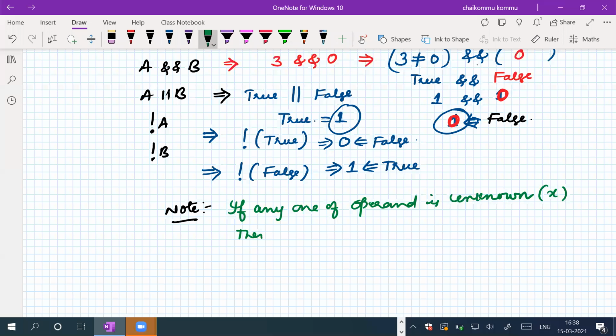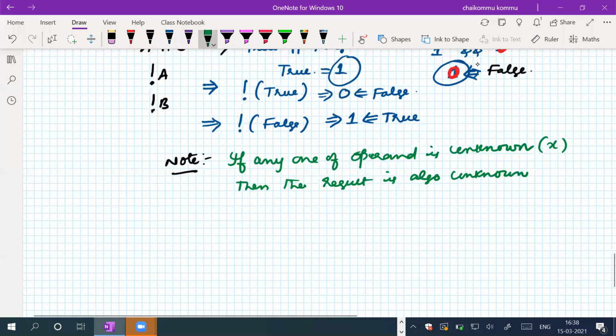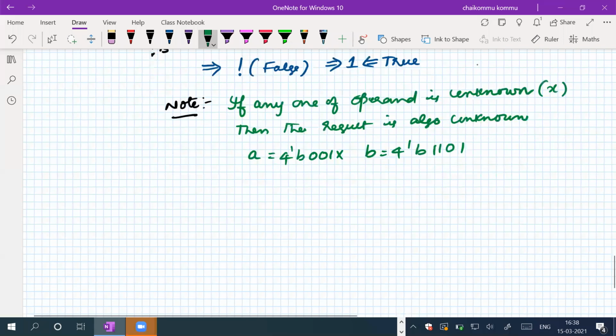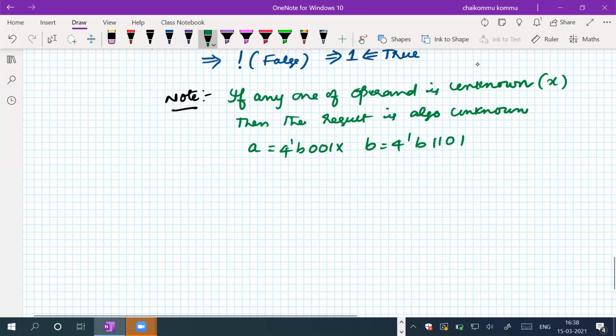For example, B is equal to 4 bit of 1 1 0 1, and A has 3 bits, which we have not done yet, so let us consider this is 1. In this case, what is the value of Y?